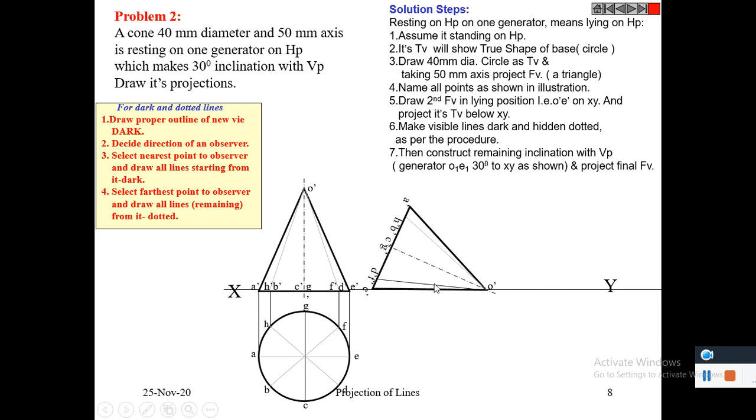This is the reproduction of the front view in lying down position. It is lying on one of its generators on HP. It is lying on O dash E dash. Now draw its top view.